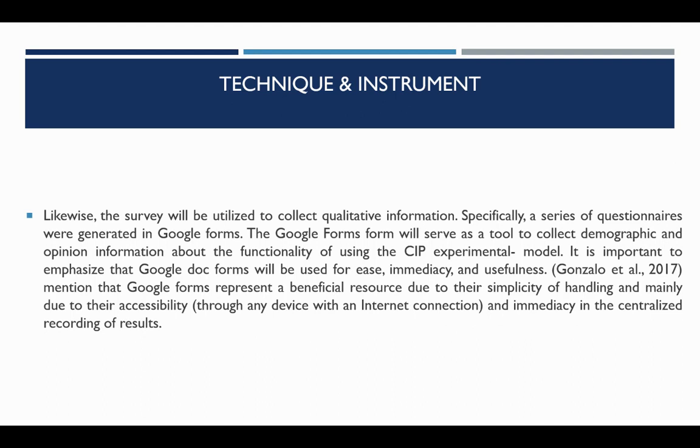It is important to emphasize that Google Forms will be used for ease, immediacy, and usefulness. Gonzalo, 2017, mentioned that Google Forms represent a beneficial resource due to their simplicity of handling and mainly due to their accessibility through any device with internet connection and immediacy in the centralized recording of results.